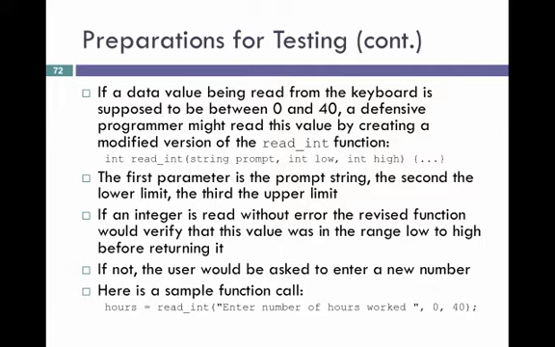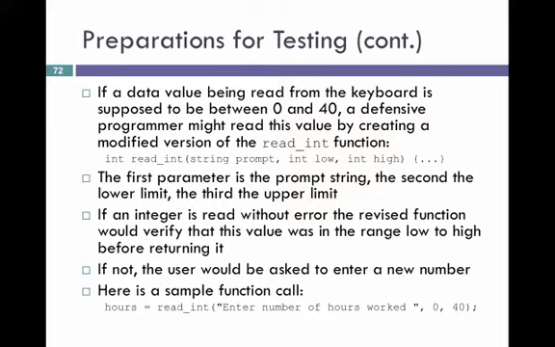If a data value being read from a keyboard is supposed to be between 0 and 40, then a defensive programmer might read this value and create this modified version of our read int routine. And this time the first parameter is going to be the prompt string, and then we'll pass in parameters for the lower and the upper limit.